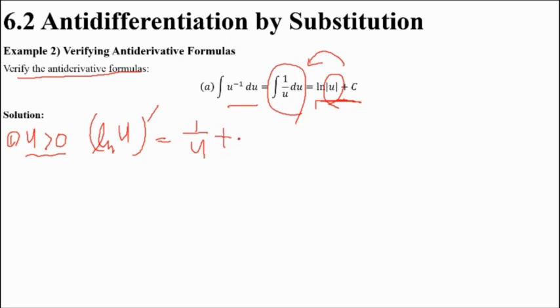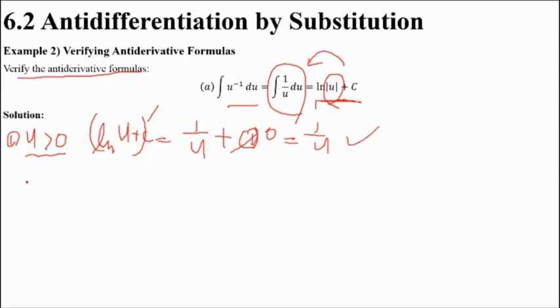Then there's another plus C here, whose derivative is going to be 0. So it will be 1 over u. One more time: when you integrate you get the C, but when you take the derivative it just goes to 0.